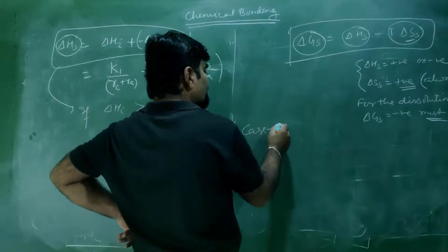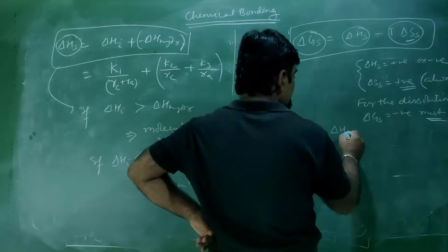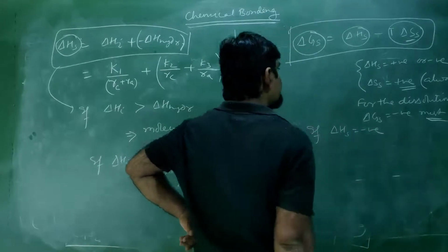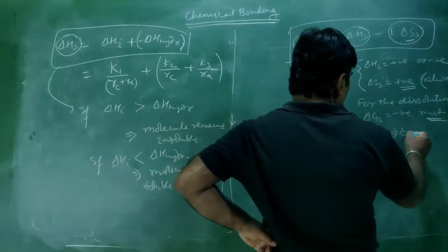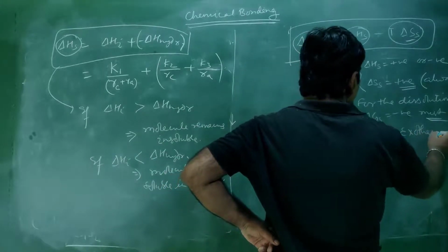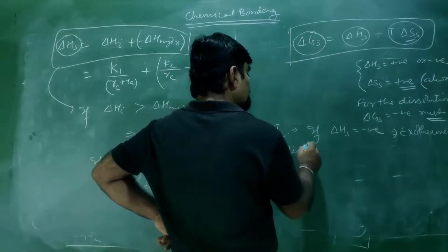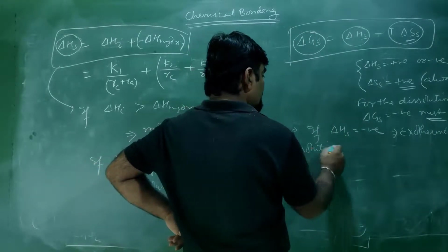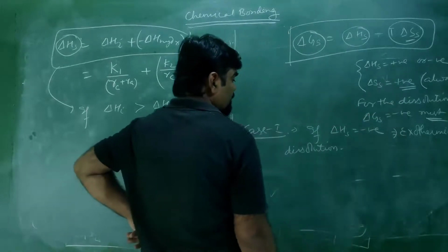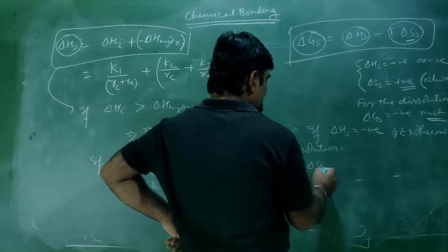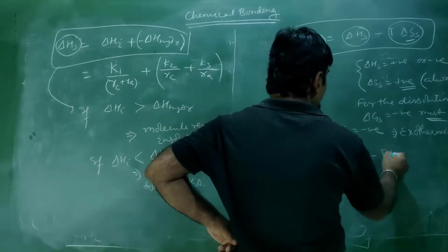Case 1: if delta Hs is negative, that is exothermic dissolution. If there is exothermic dissolution, delta Ss is always positive. So delta Gs is equal to minus del Hs minus T del Ss.